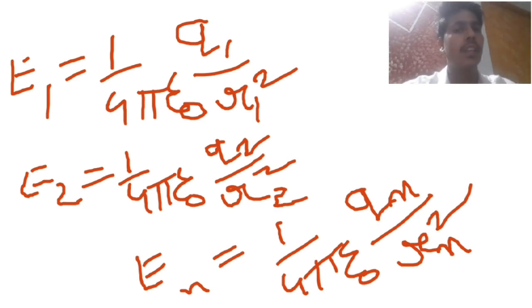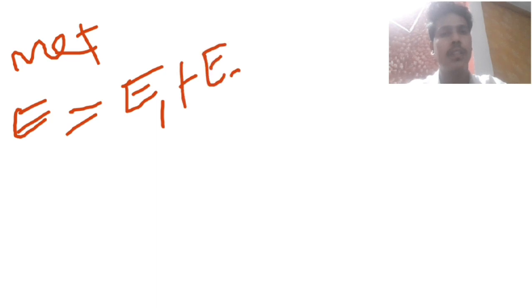So finally we have these values. Now we will add them, which means we will perform a vector sum to find the net electric field. The net electric field E is equal to E1 plus E2 plus E3 up to En.